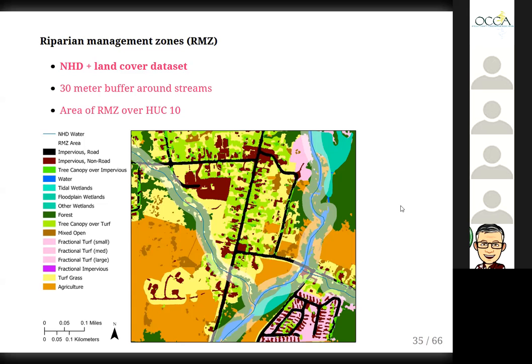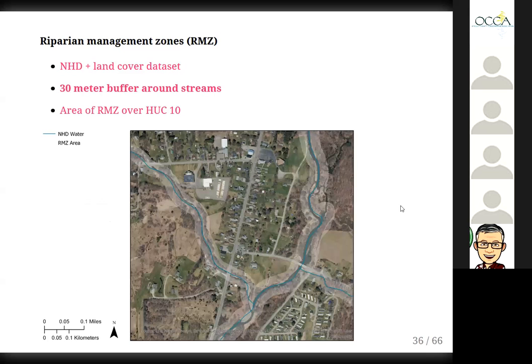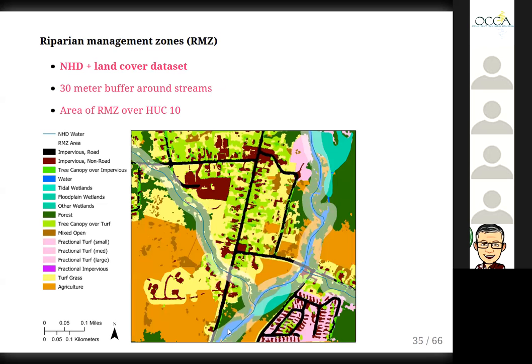And so you can see the stream NHD layer is that thin line that goes through the buffer watershed. And it doesn't follow exactly. And if you go to the slide before, you can see where on the left-hand side, it didn't pick up a stream, but we use the NHD layer because it's known that there is a stream here, even though the land cover data set didn't pick it up.